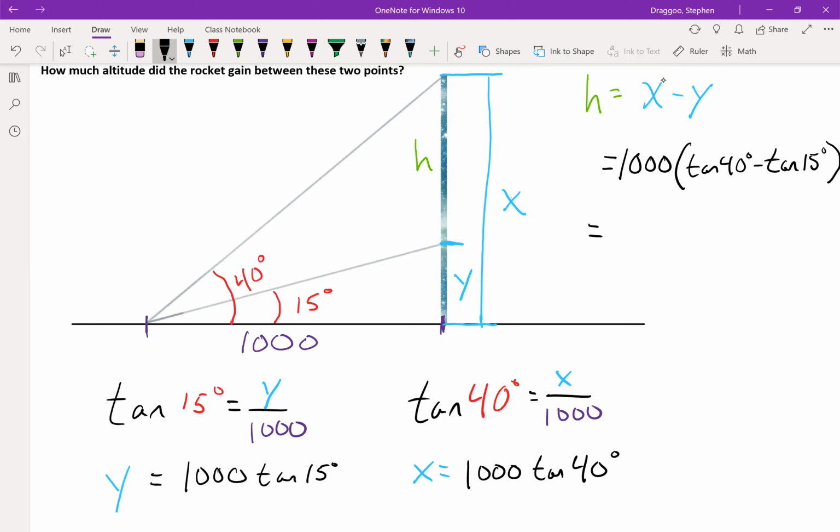And we can take that to a calculator and get an answer. I end up with 571.2 feet.